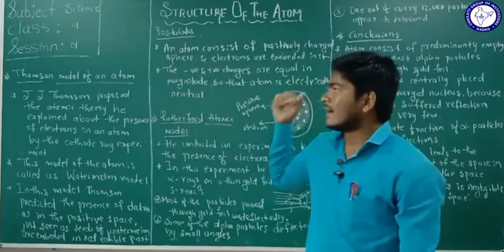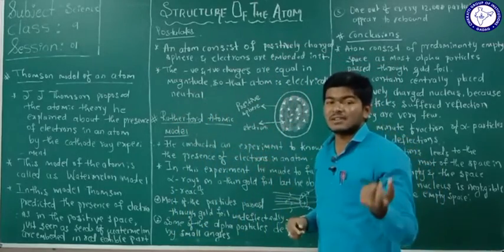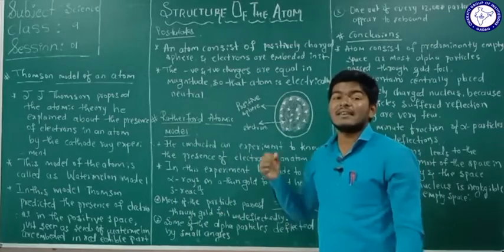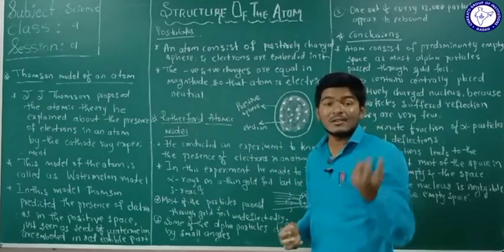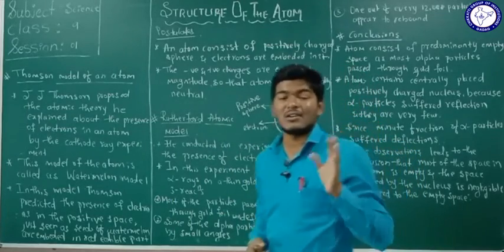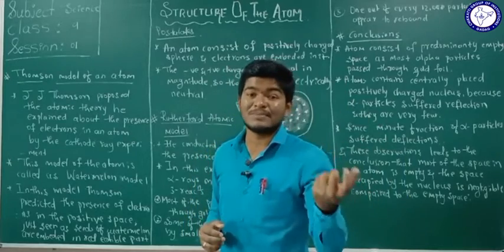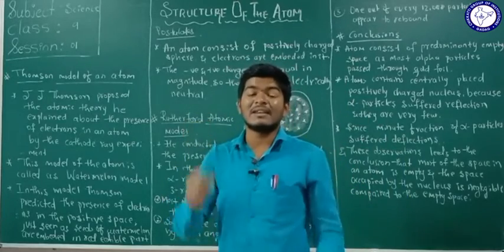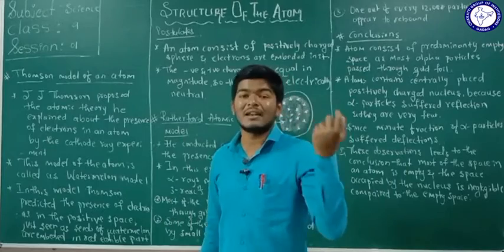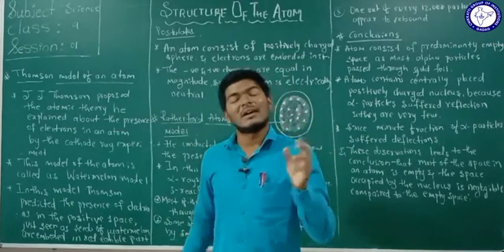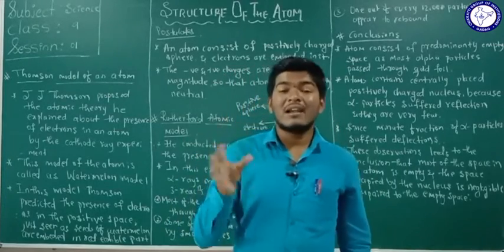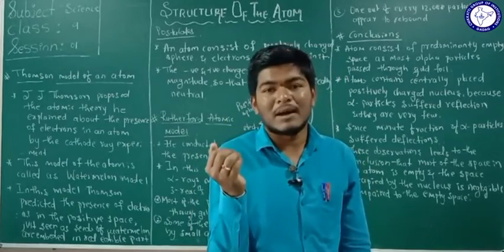But Thomson made a study on atoms, and he concluded that the atom is not a final substance. It is not the basic element of any element. We can also divide the atom, and the atom has subatomic particles.